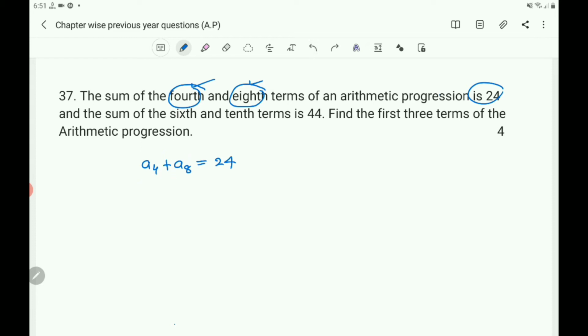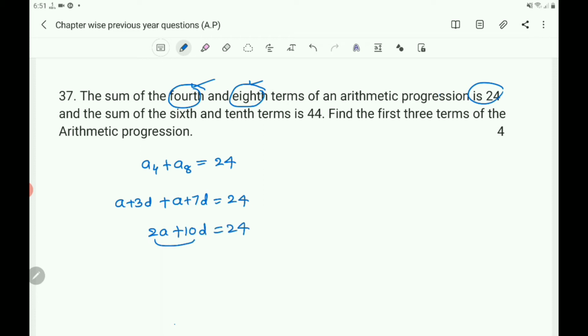Then a4 you express in terms of a and d, that is a + 3d. a8 is a + 7d = 24. And a + a becomes 2a and 3d + 7d becomes 10d = 24.